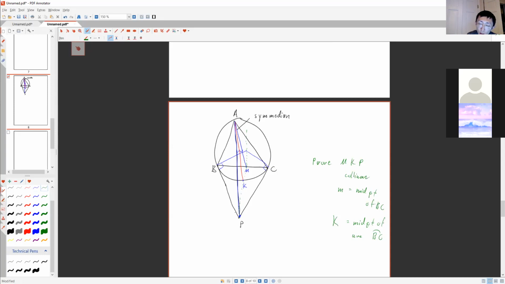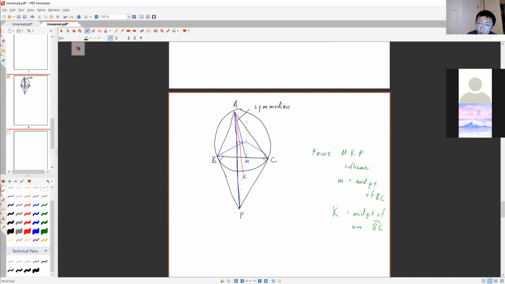I'll have to think about why the two constructions for the symmedian are the same, but maybe I'll just write it down. So the symmedian equals the isogonal reflection over the angle bisector of A of the median.